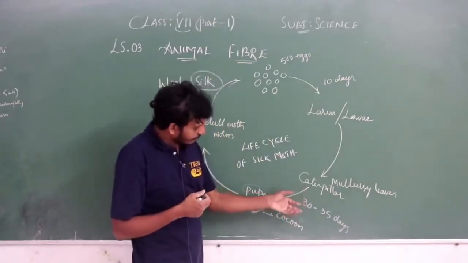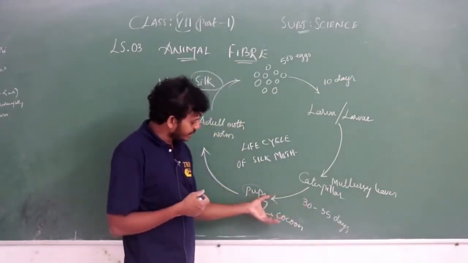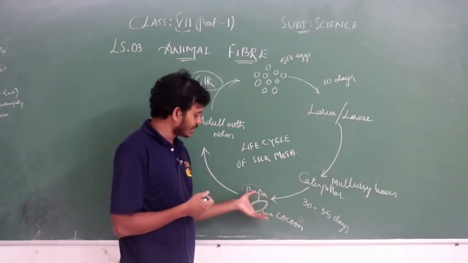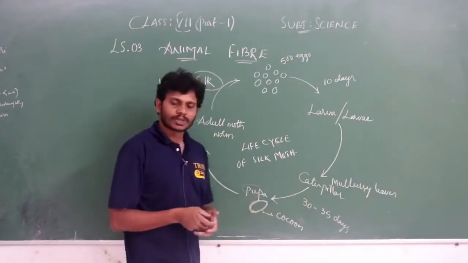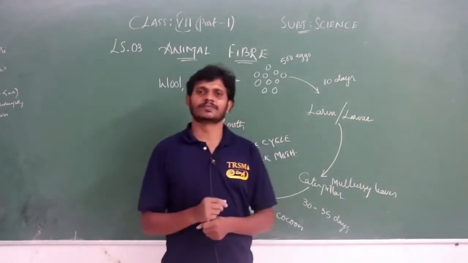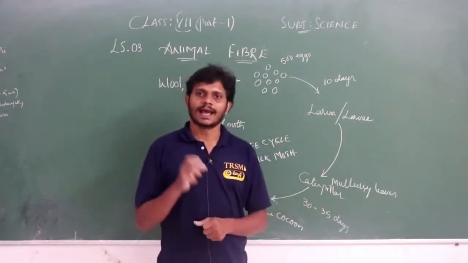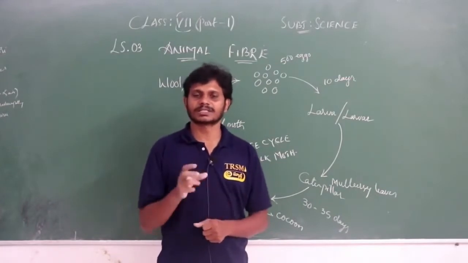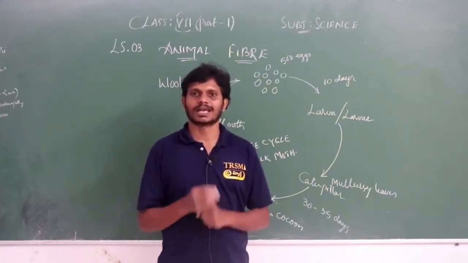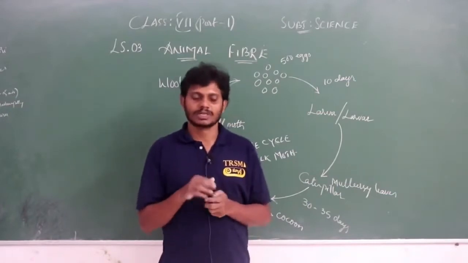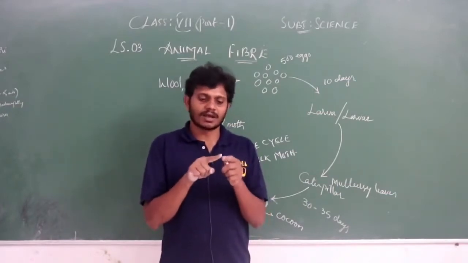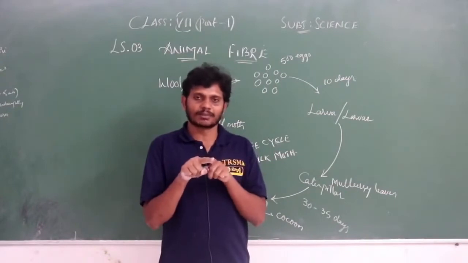After eating for 30 to 35 days, this caterpillar develops into a cocoon stage, that is the pupa stage. Mainly in this stage it releases a hard substance, saliva, with its mouth. Example, think this is the caterpillar, and this is the mouth region.